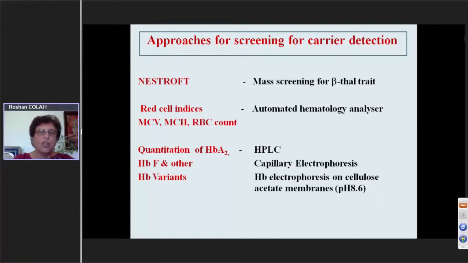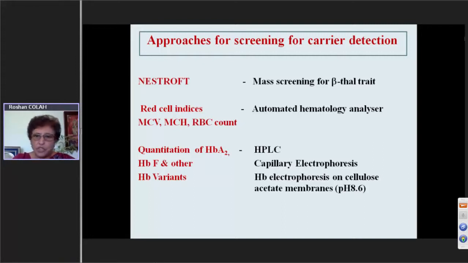Ideally, one should look at the red cell indices on an automated or semi-automated cell counter. You have to see the MCV, MCH, and RBC counts, and then go on when required to do the hemoglobin analysis. There are many centers in India now that have HPLC machines, the BioRad platforms, and capillary electrophoresis is slowly also coming in.